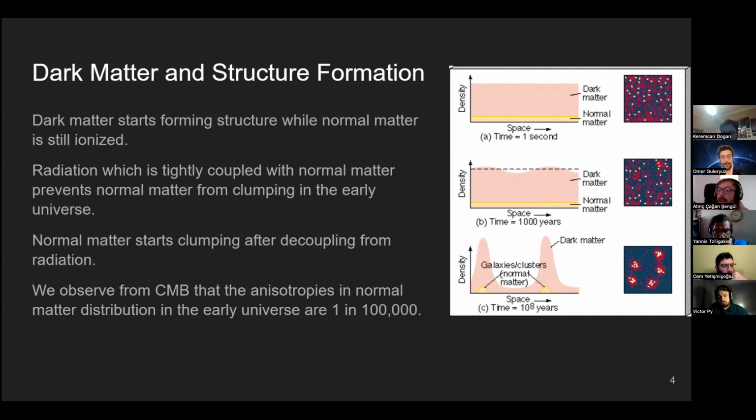So regular matter, which was uniform before recombination, now starts collapsing onto the structures that were formed by dark matter earlier. This is the important step that we need in order to explain the structure formation that we have today. Without this mechanism, regular matter simply doesn't have enough time to collapse into big structures.